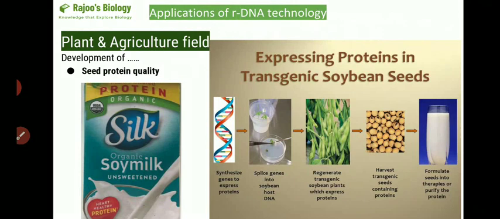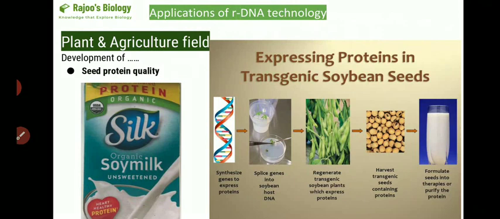Seed protein quality can be modified by adding some gene into the seed. The best example is soya milk, which is the milk obtained from the soya bean. The gene, as you see in the diagram, is introduced into the soybean. Then the soybeans are cultivated with this extragenous protein, and from that the milk is recovered, formulated and prepared.